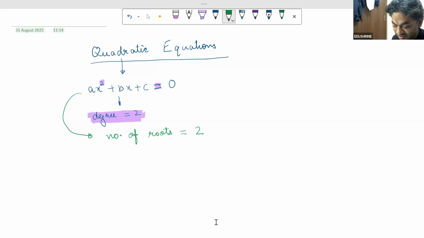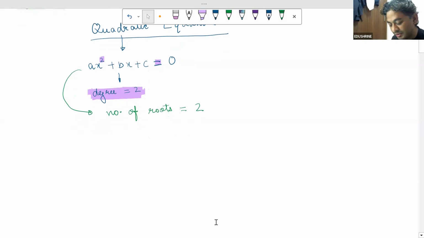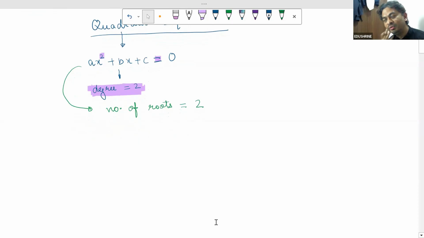Now the next thing is, what are the roots? If ax square plus bx plus c is equal to 0, then how do I find the roots? You should all know that for thousands of years, people were struggling to find the roots of a quadratic equation. But it was the first time an Indian discovered a method to find the roots of a quadratic equation, right? Who was it? It was Sridhar Acharya. He discovered the formula through which we find the roots of a quadratic equation.